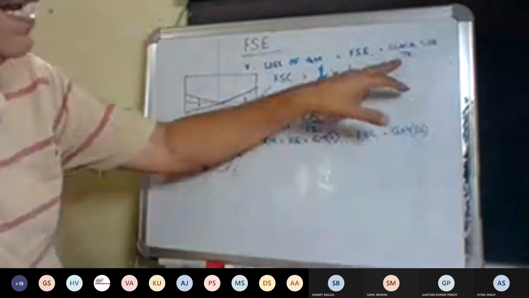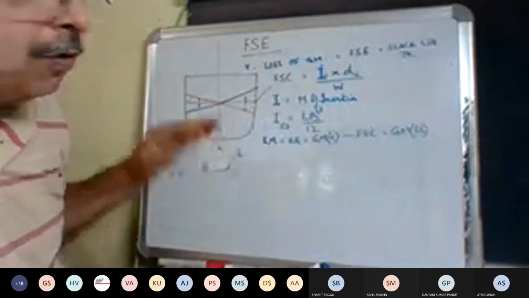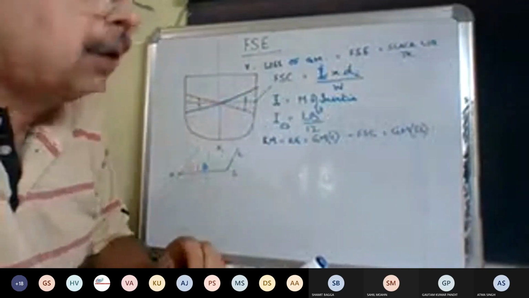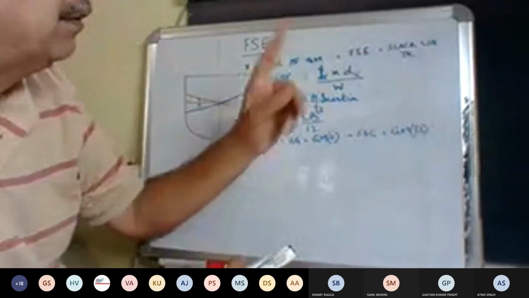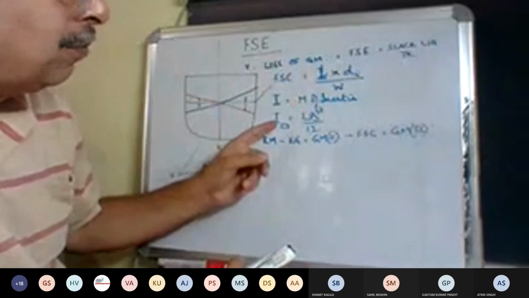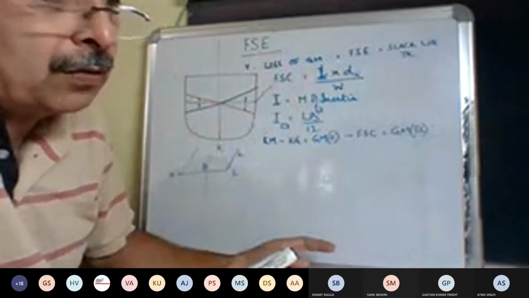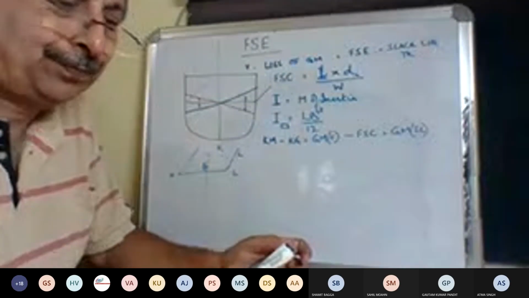So if I make my tank completely empty or completely full, I will be removing the free surface effect. I will be removing the I, moment of inertia. That is what we always try to do.